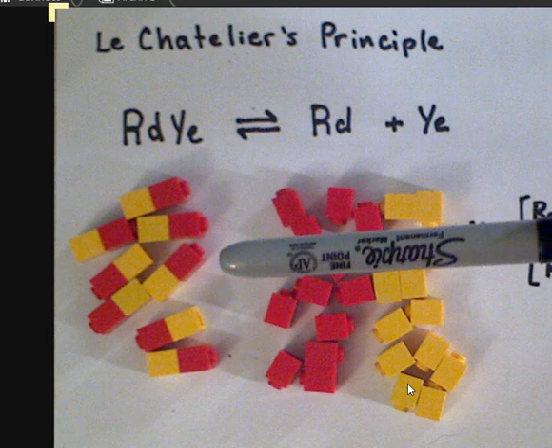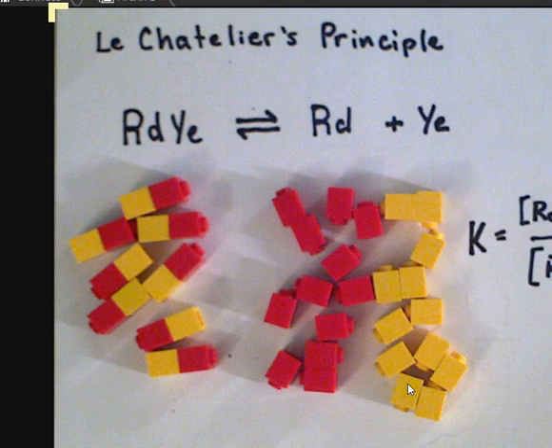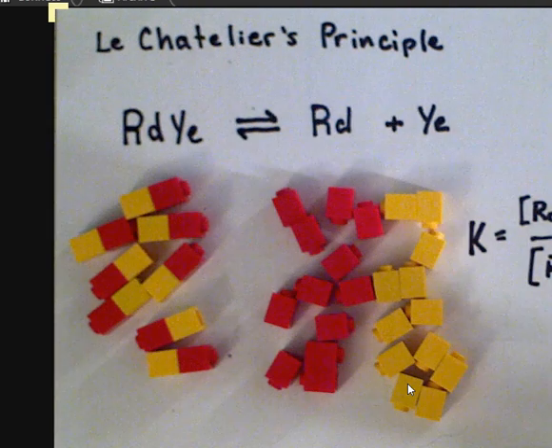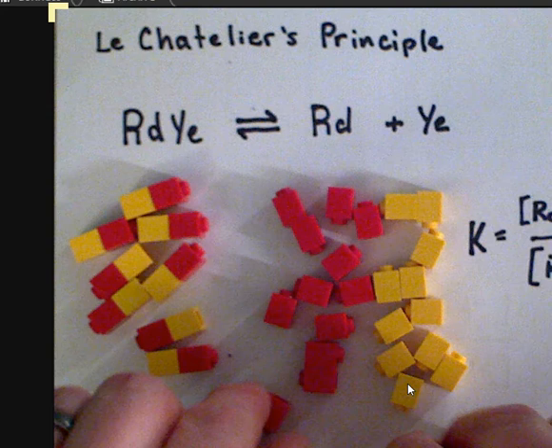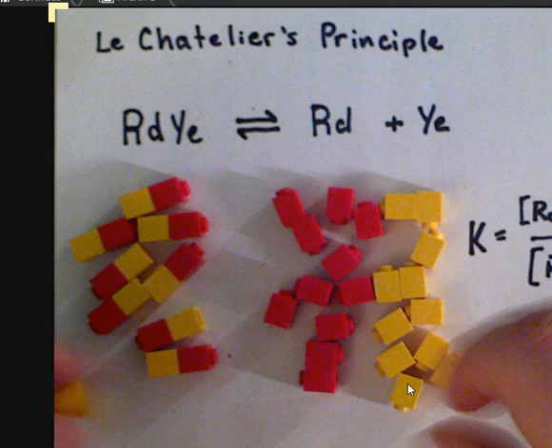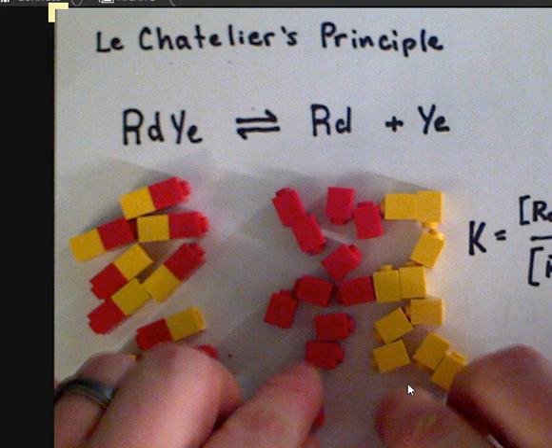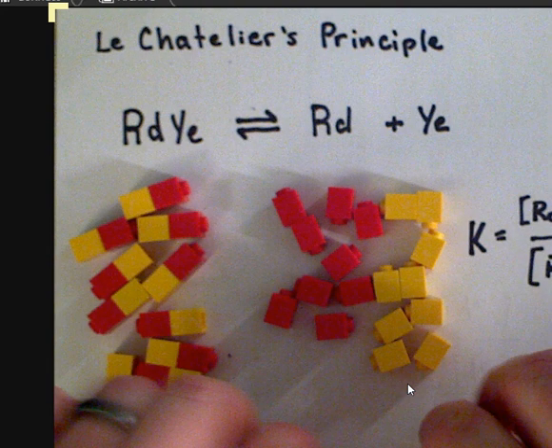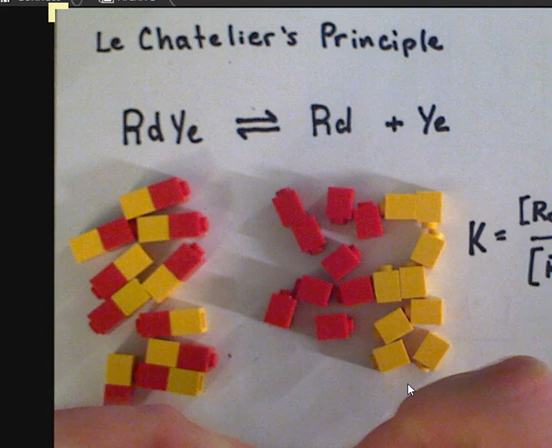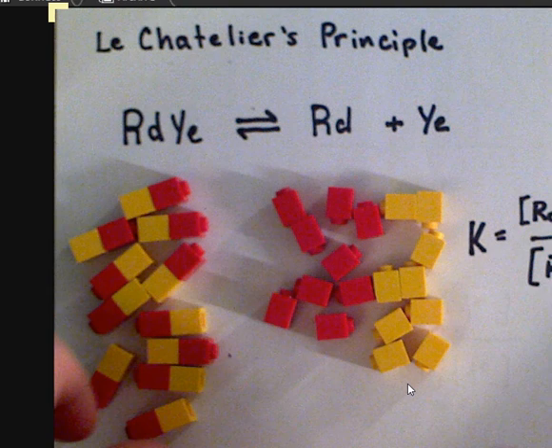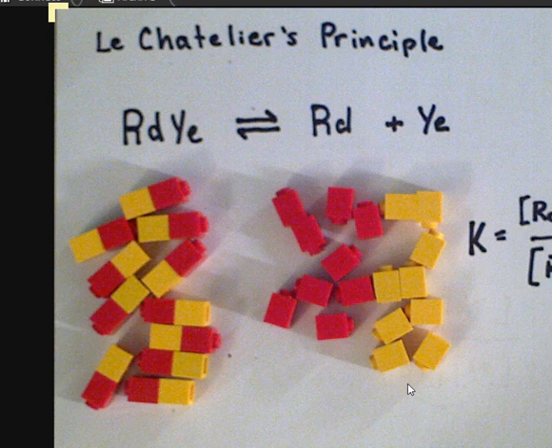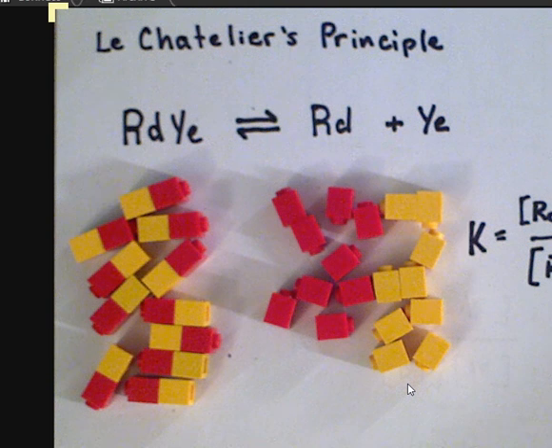In other words, we have to form more RDYE in order to restore equilibrium. So Le Chatelier's principle tells us that the reverse reaction will accelerate. Okay, it'll be greater than the forward reaction, until we get back to K, right? Until we get back to that equilibrium value.